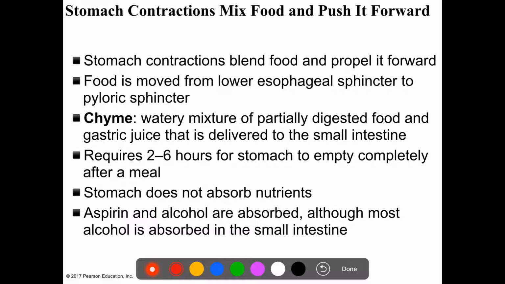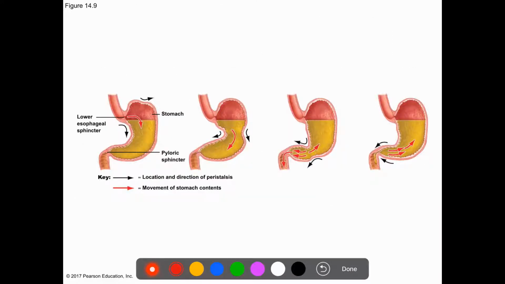Now, the stomach, when it contracts, breaks down and mixes the food, and that's a form of mechanical and at the same time chemical breaking down of the food. Remember, the food is coming through the esophagus, through the lower esophageal sphincter into the stomach, and there it will be mixed with the gastric juice.